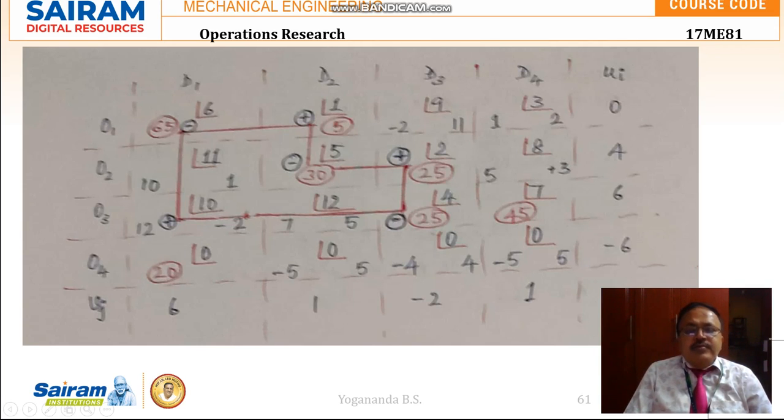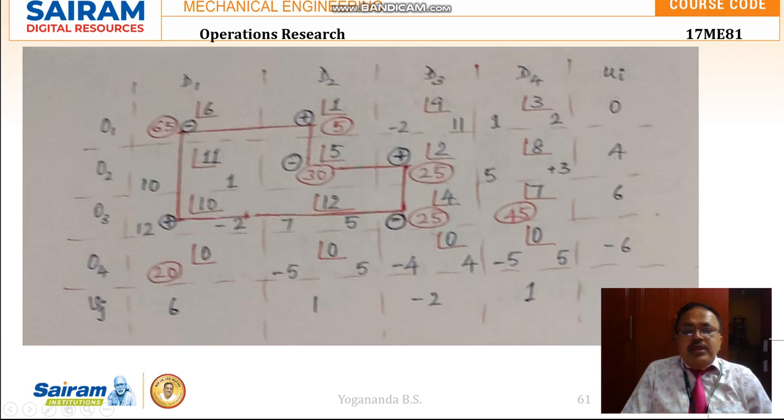V is already written as 1, so we make U as 4. 4 plus 1 is 5. The next one is this occupied cell with the cost 2 here. So U plus V is equal to 2. U is already 4, so V will be made as minus 2. 4 minus 2 becomes 2.